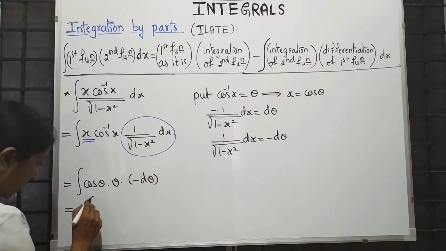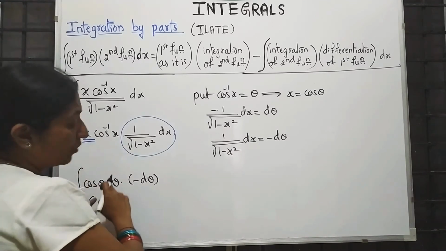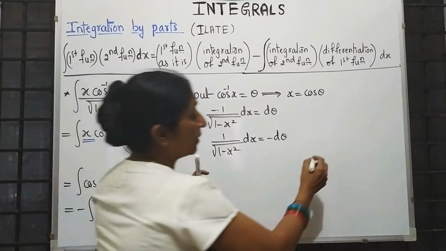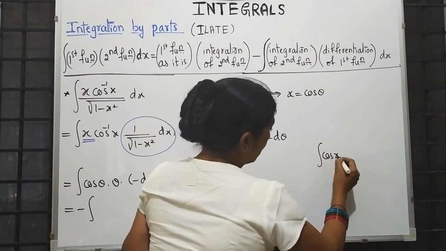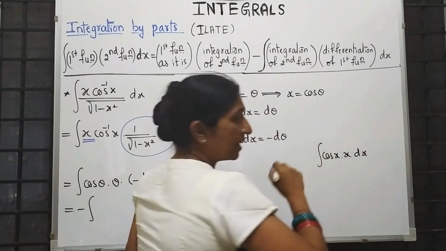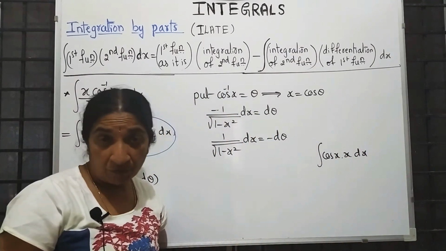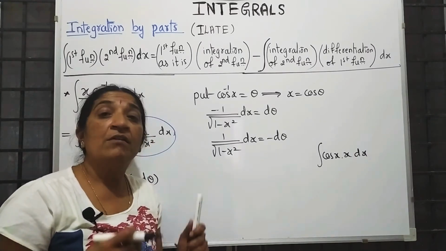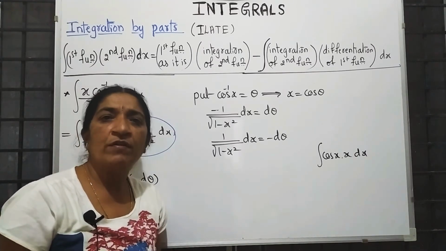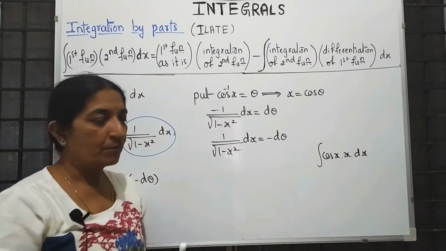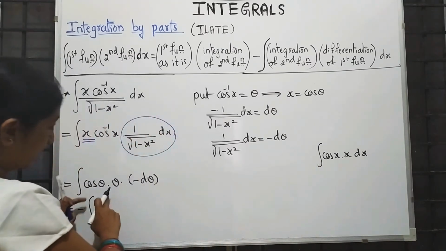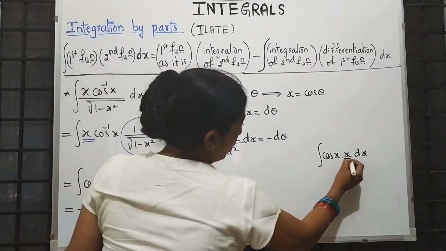I wrote minus outside, and when you see this formula, we remember it is in the form of x into cos x. Why am I writing it like this? Because students are familiar with the variable x. They always solve the problem in terms of x. See, are this problem and this problem similar? X is what you are taking?